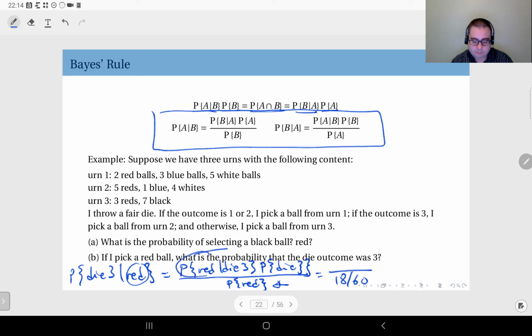And this one, probability of red given the die outcome is 3, in which case I use urn number 2, so that is 5 over 10. And the die outcome 3 has 1 over 6 probability. So essentially this is 5 over 60 divided by 18 over 60. So the answer is 5 over 18.